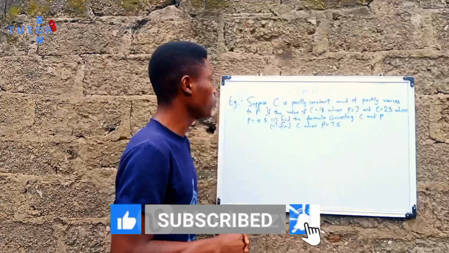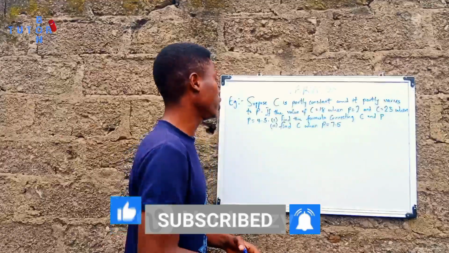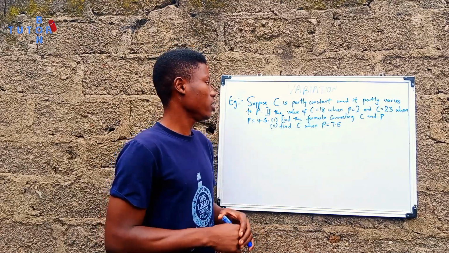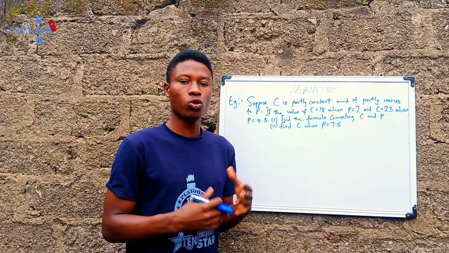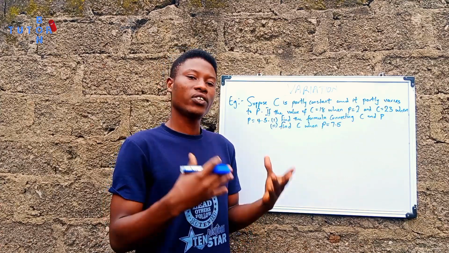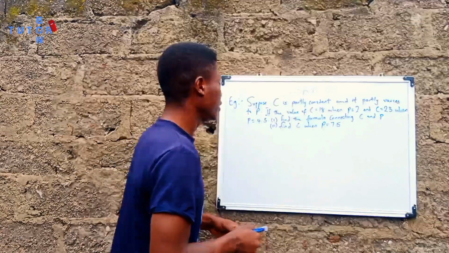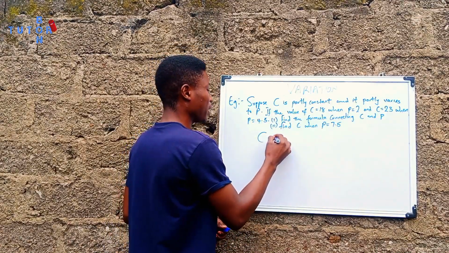So this is an example on partial variation. It says, suppose C is partly constant and it partly varies to P. Firstly, let's write an expression for that. They say C is partly constant.